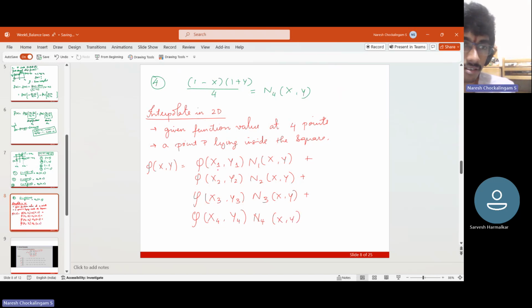Do we know these? What is phi of x1 comma y1? It is the final position of the point which was initially at x1 comma y1, right? That is the deformation function.